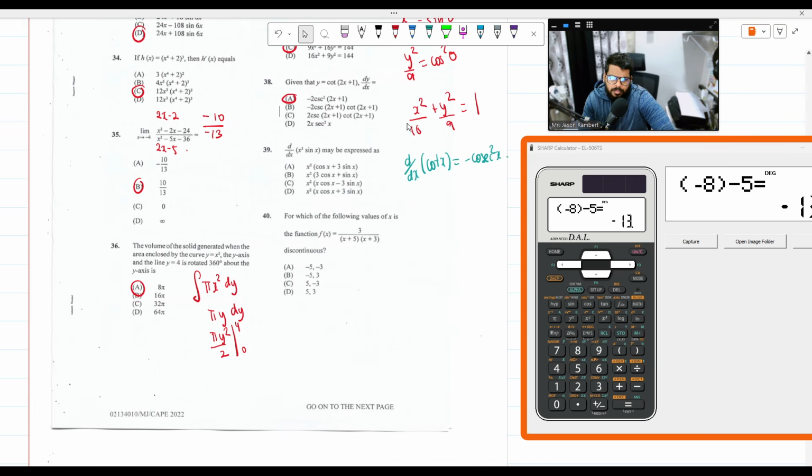This is a repeat question. I believe it's x squared into, I know it had an x on the cosine. Both of them have an x on the cosine. So I can't remember which one it is, if it's minus 3 sine x or plus 3 sine x. So I'll go through the working.